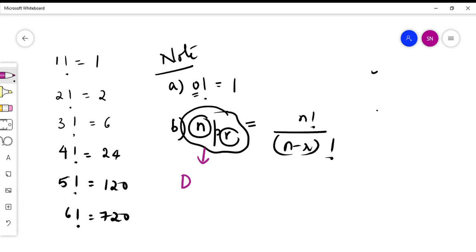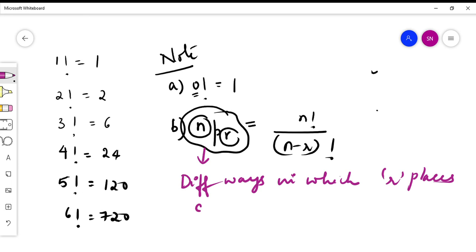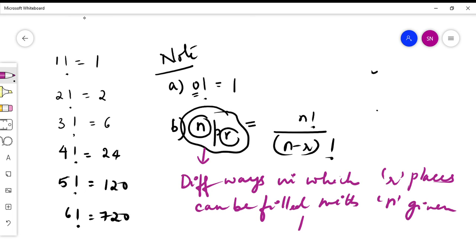So this different ways in which our places can be filled with n given things. So totally n given things, how can r be filled? Okay, so as and when the chapter proceeds, I will just let you know.